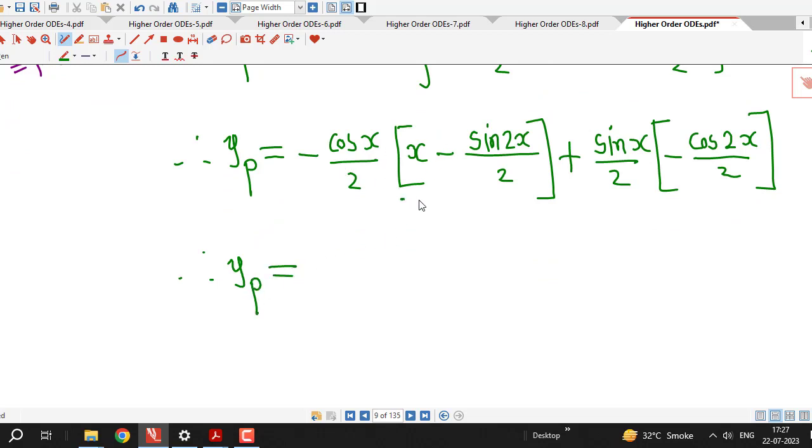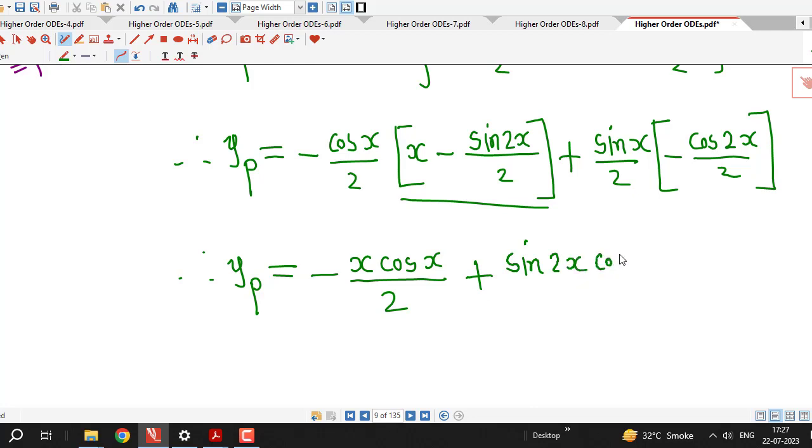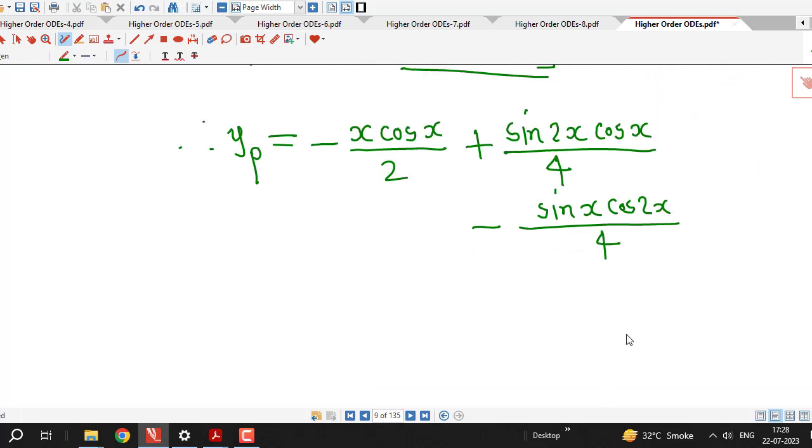We multiply this bracket by minus cos x by 2, that is minus x into cos x divided by 2. Here negative negative positive, I can write this as sin 2x into cos x divided by 2 into 2, that is 4, minus here sin x into cos 2x divided by 4.